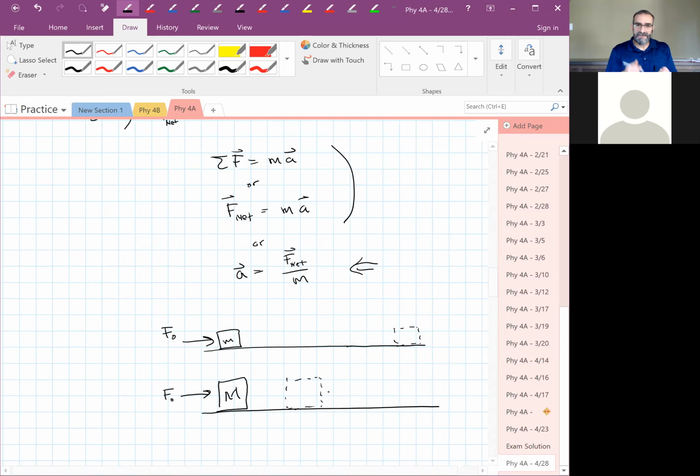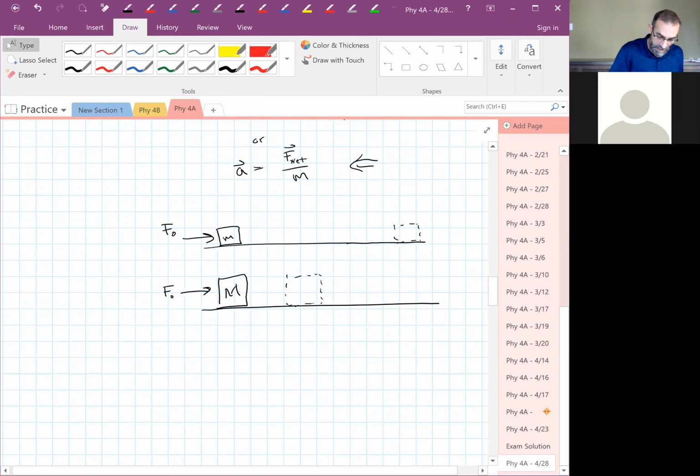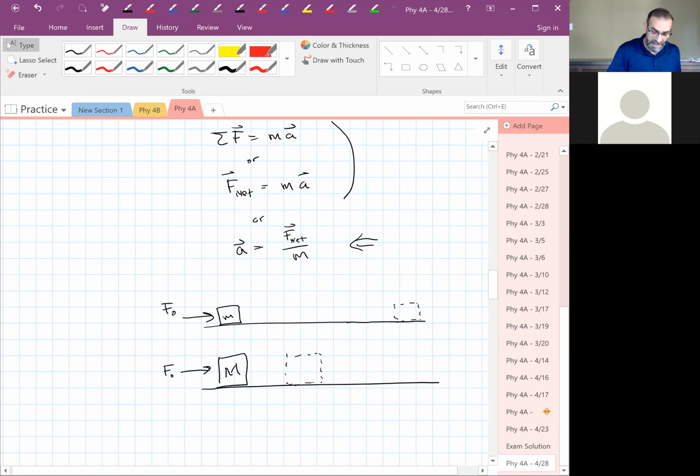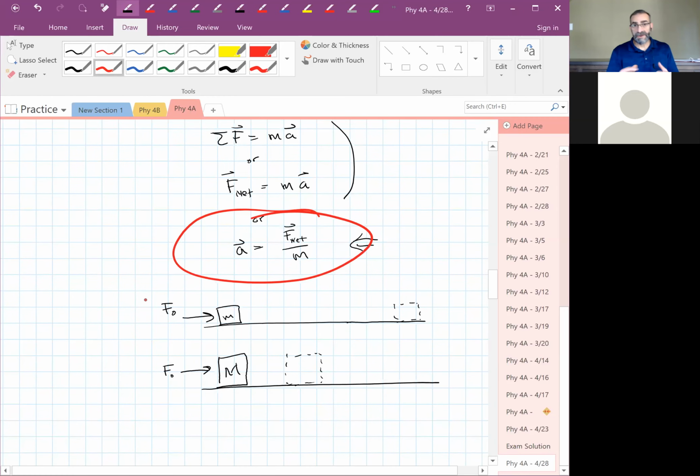I exerted the same force on both objects, but the big heavy one resisted that change in motion, didn't accelerate as much, didn't go as far. So the whole idea here is that to get the same motion with this bigger, heavier object, it would take a much bigger force. Okay, so that's what this equation links together, right?